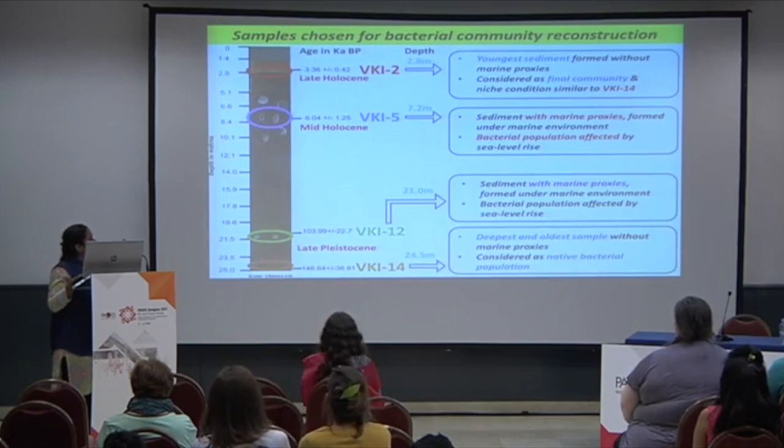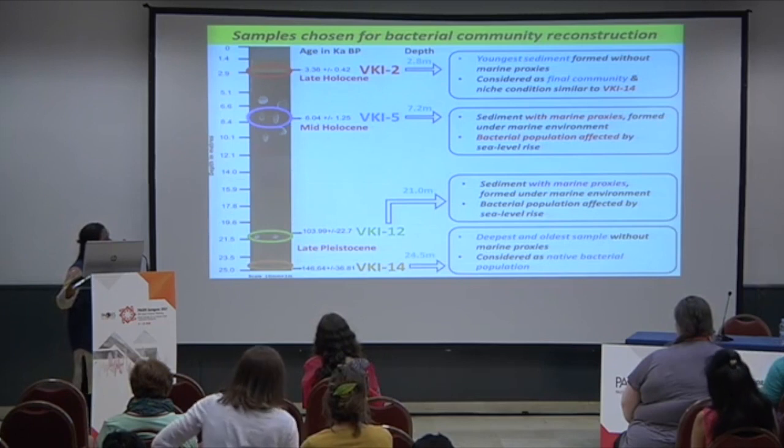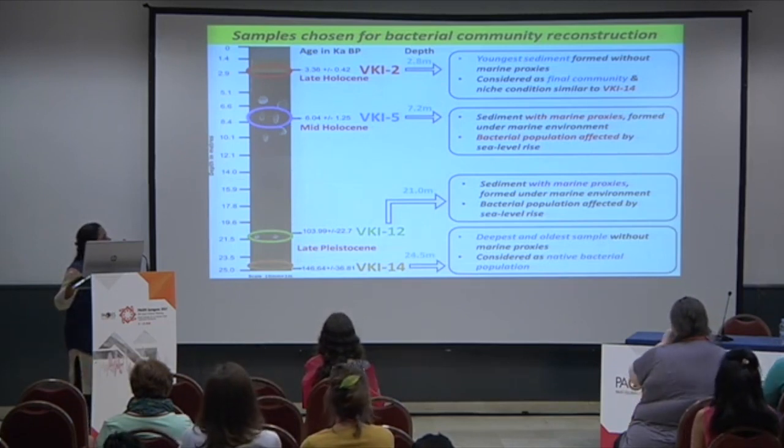Based on OSL dating and micropaleontological studies, we chose 4 samples for bacterial community reconstruction: one from the bottom, one from the top, and 2 others based on the foraminiferal evidence. The bottommost sample, VKI, is named after the coring location, and the number was based on the core tube.